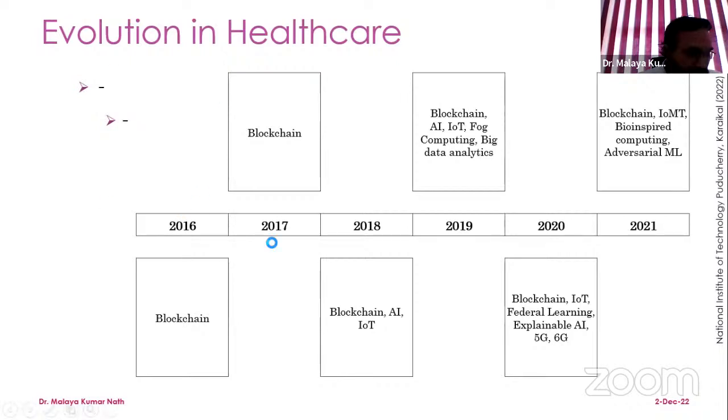In 2017, blockchain has been used in the healthcare system for privacy-preserving healthcare data management, electronic health record management systems, as well as increased interoperability in our healthcare systems. In 2018, blockchain, artificial intelligence, as well as IoT together are used for these healthcare systems.